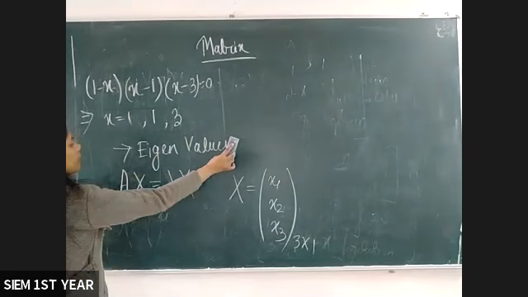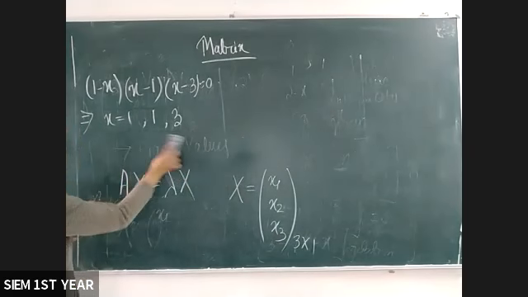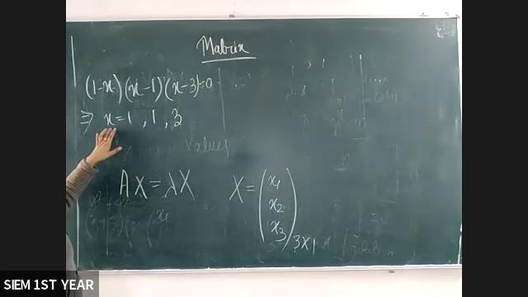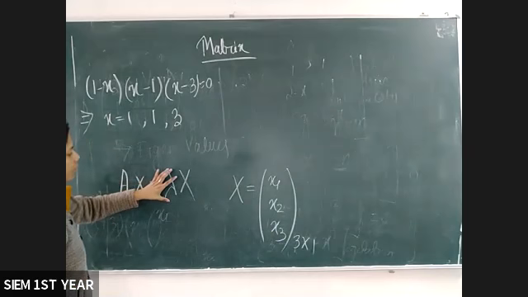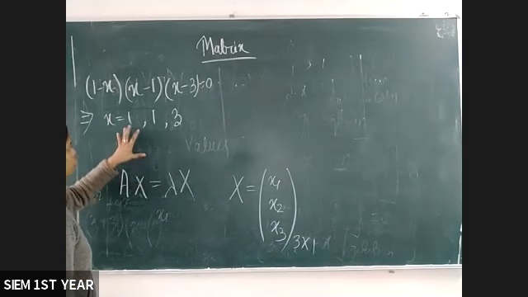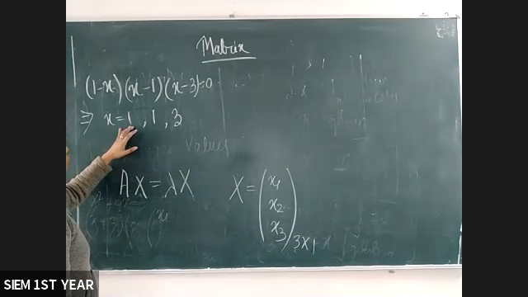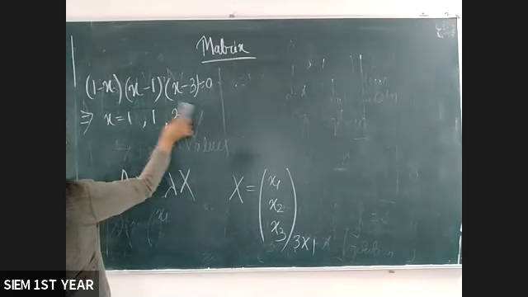I'm now erasing this portion. Just remember that the value of lambda represents the eigenvalue, which means we have to put 1, 1 and 3.